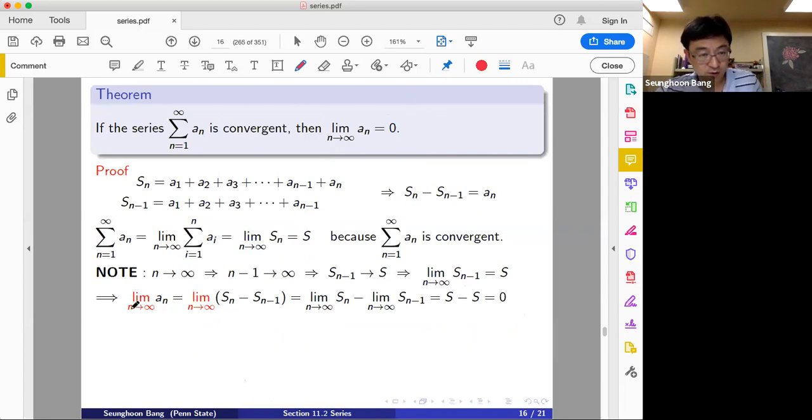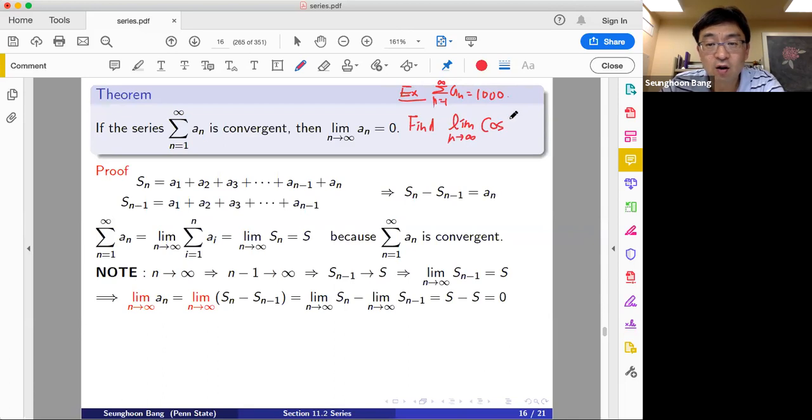One more. From here, I'm going to give one example. Assume that the summation from n equals 1 to infinity of a_n equals 1000. The question is to find the limit as n approaches infinity of the cosine of a_n.